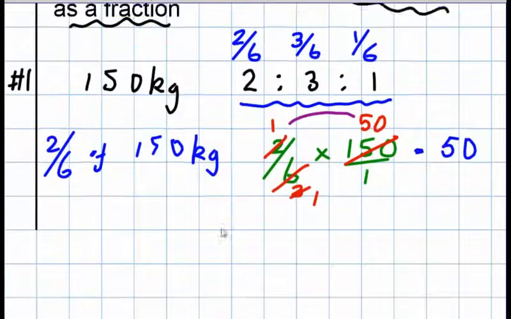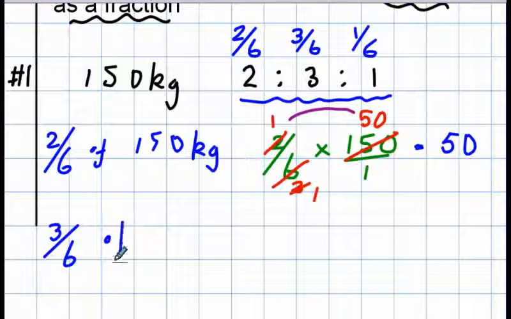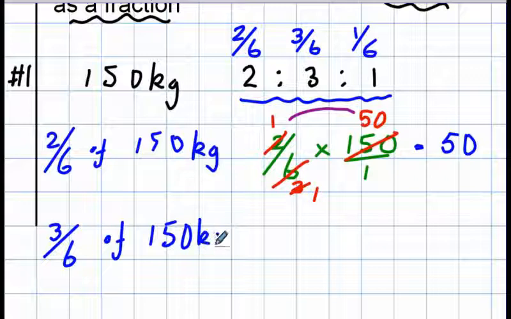Okay, let's do that again with the second amount. So I need 3/6 of 150. Again, this is just from a teaching point of view. You would straightaway go and do the calculation. And almost all of you would, instead of writing down 3/6, just write a half, because that's what 3/6 simplifies to.